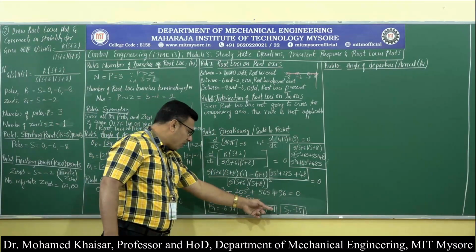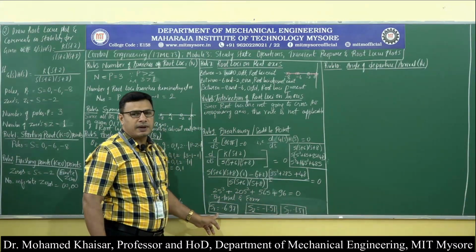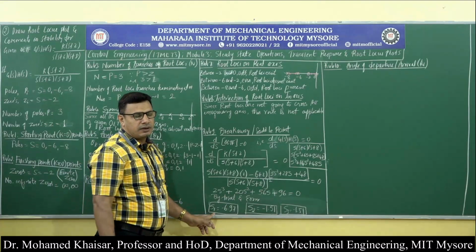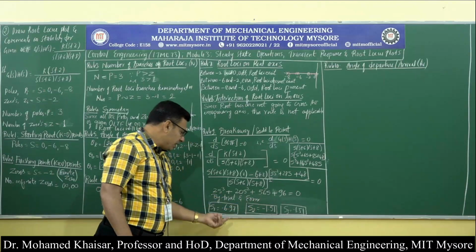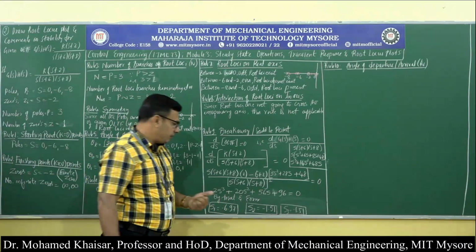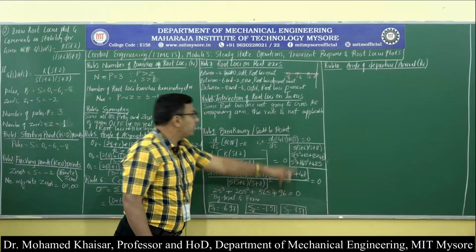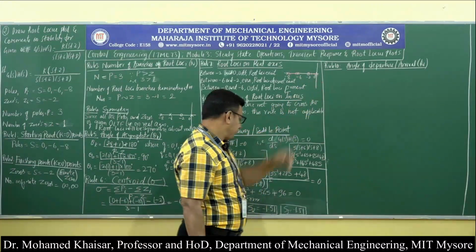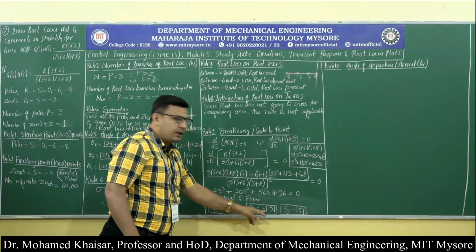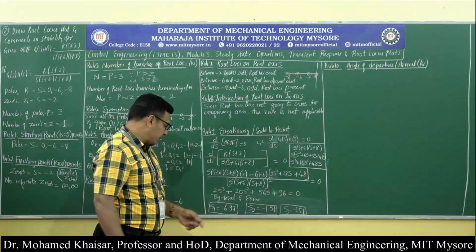And we know that among all these three values that we obtain from calculations, or maybe through the calculator, which one is possible? If you just see minus 1.51, is there any possibility of having a breakaway point? No. Minus 1.51 is another value, so it doesn't apply.